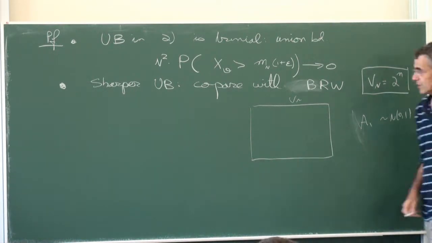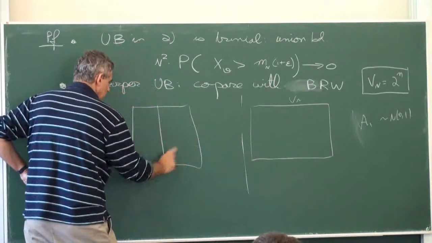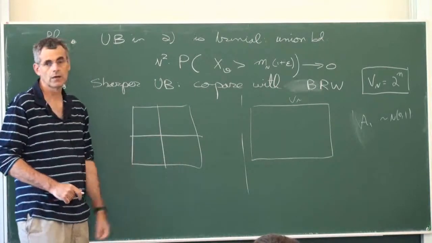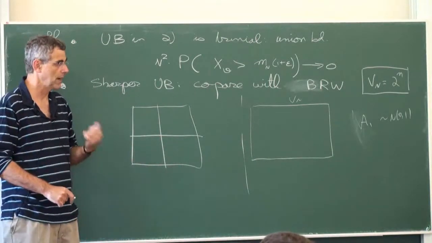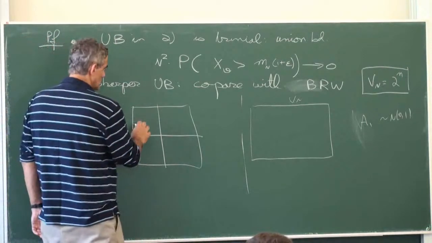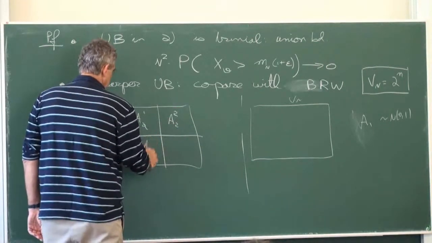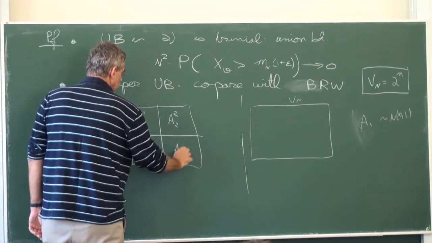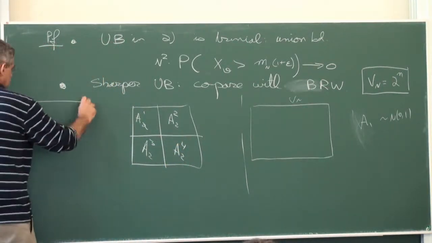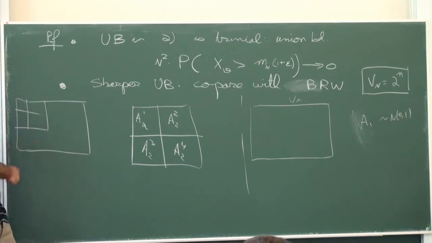In level 2 of my construction, I'm going to divide the box in 4. And to each sub-box here, I'm going to attach a Gaussian random variable, normal 0, 1. So let's call these A21, A22, A23, A24. And then I continue. So in the next level, I'm going to divide each of these squares itself by 4.